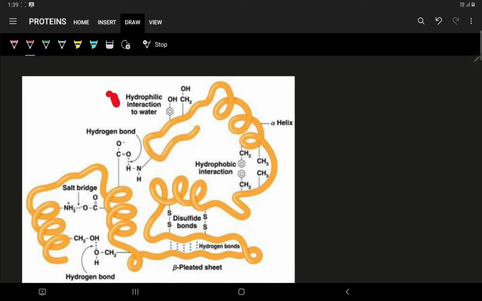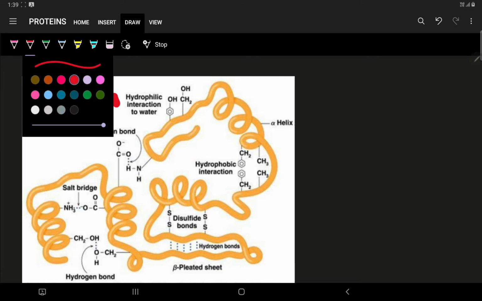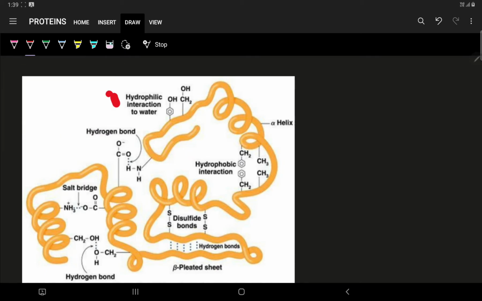Number 1, the hydrophilic interactions. The hydrophilic interactions here we can easily identify. These are occurring with the water here. Then come the hydrophobic interactions between the non-polar side chains. Thirdly come the hydrogen bondings between the oxygen and hydrogen of the C and N terminals respectively.